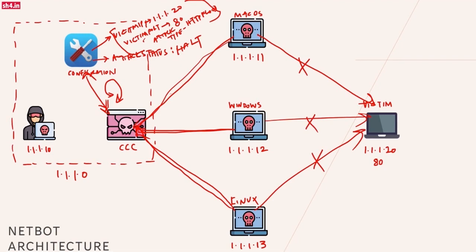These bots go into the dormant mode and check the CCC at certain intervals for new instructions. This represents the architecture and operation flow for NetBot.